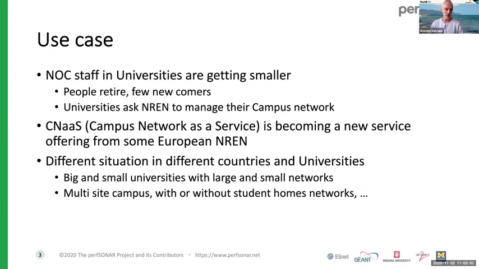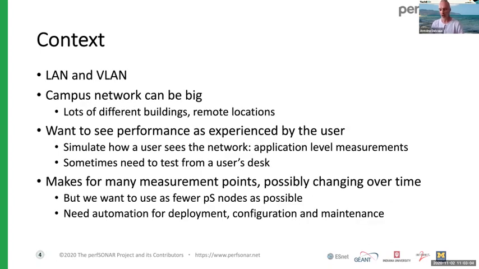So usually the context is similar in every university, and on the campus network you use a lot of different VLANs to separate the traffic and give different access and privileges to this traffic and be able to manage that better.